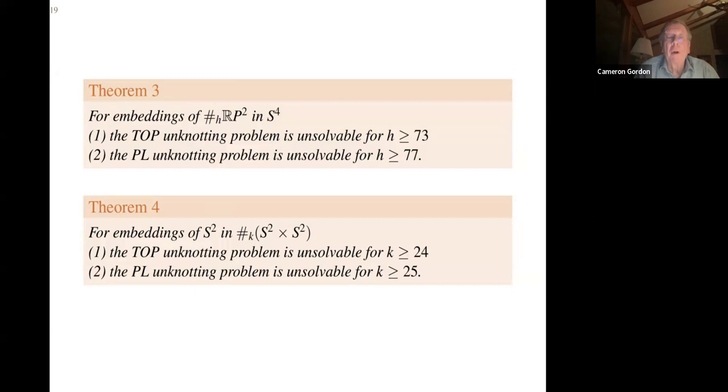Let me say something before I get into the details of the proof of theorem 1 and theorem 2. As I said, the group will play a key role in this. Ultimately, all these unsolvability problems reduce to the fact that there are finitely presented groups with unsolvable word problem. This goes back to the 1930s, when people were looking at various notions of computability and proving various unsolvability results.